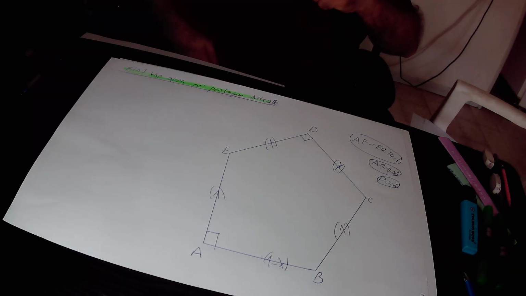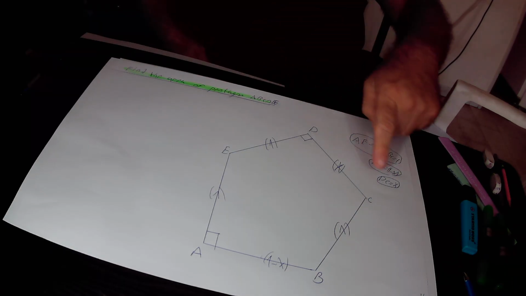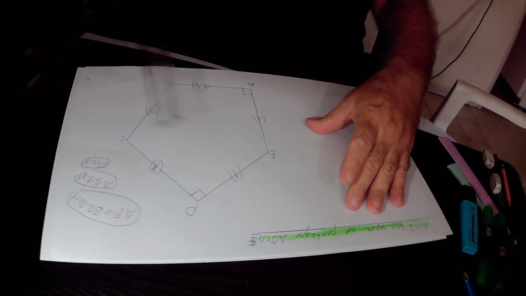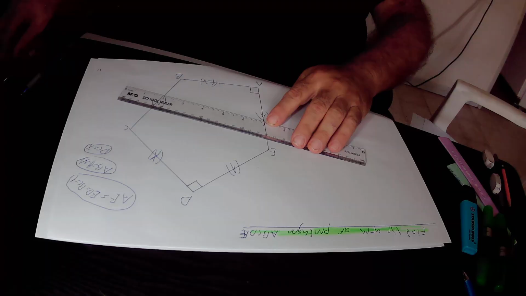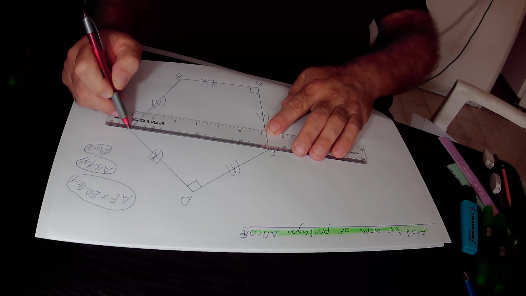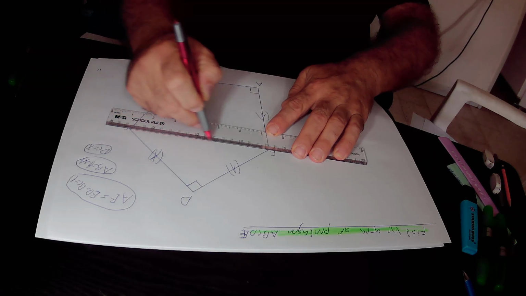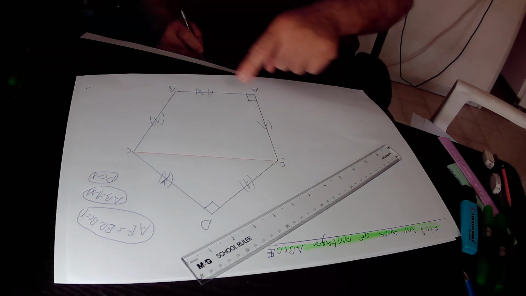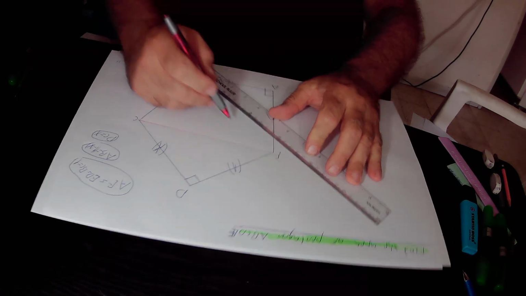So first of all, we join points E and C together by a straight line. And we join points E and B together by a straight line.